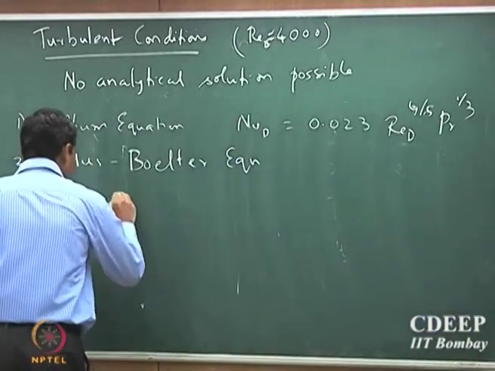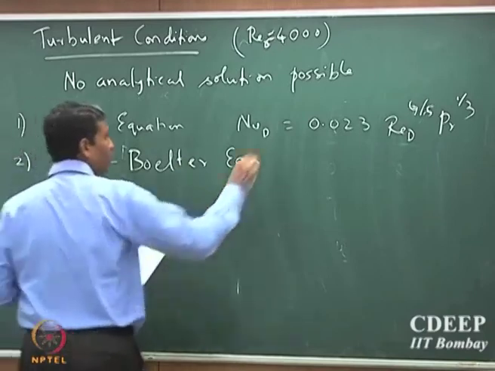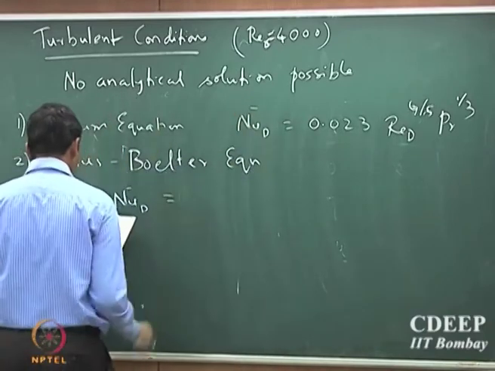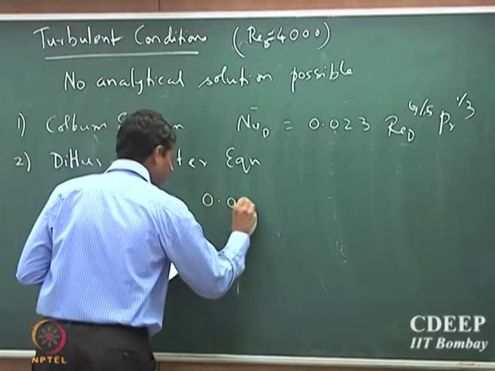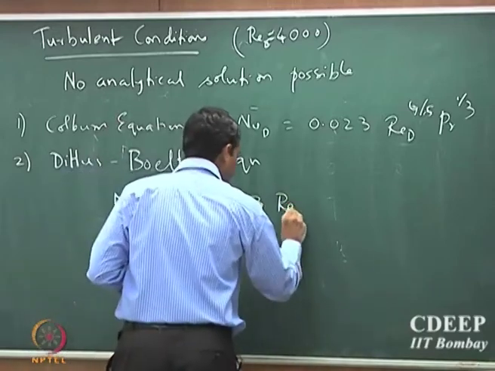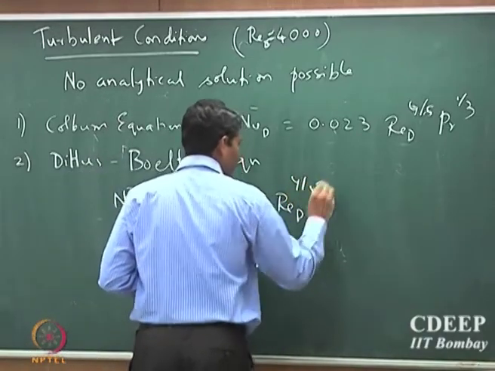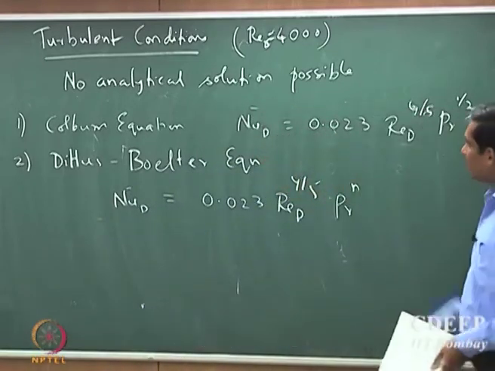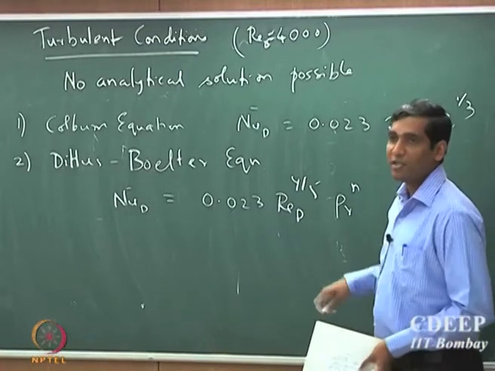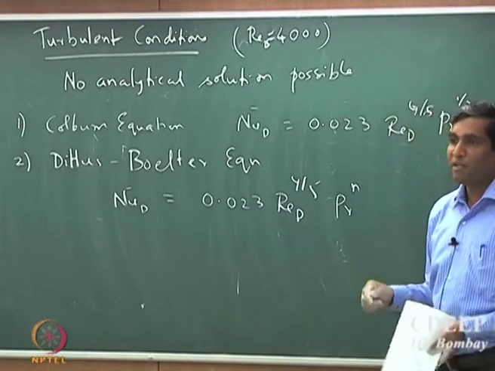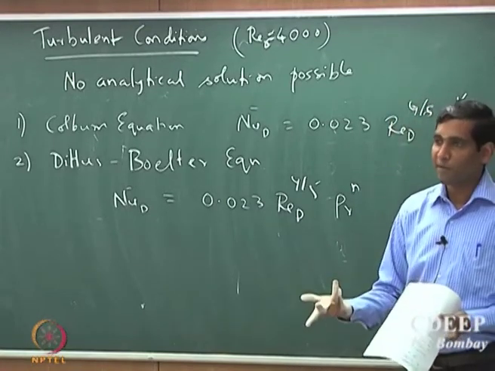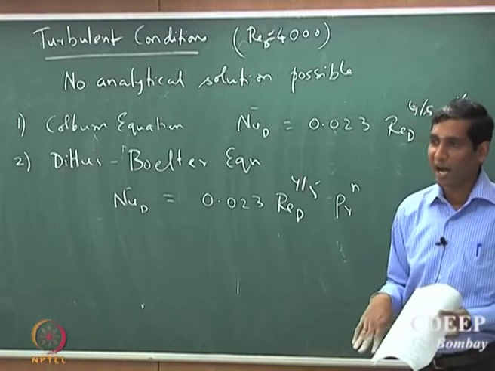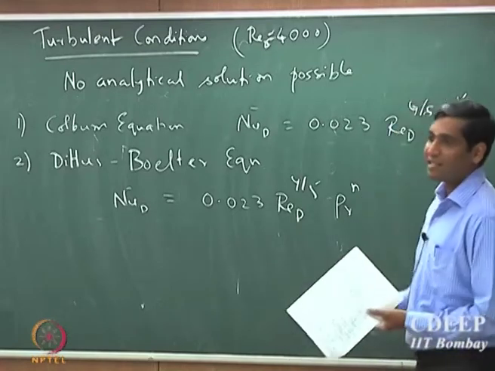The equation is average Nusselt number equals 0.023 Re_D to the power of 4 by 5 into Prandtl to the power of n. The difference between Colburn and the Dittus-Boelter equation is that depending upon whether the heat is being lost from the fluid or gained by the fluid, the exponent n is slightly different.